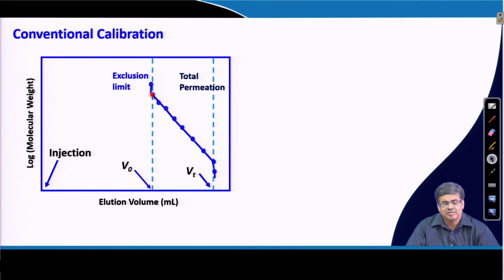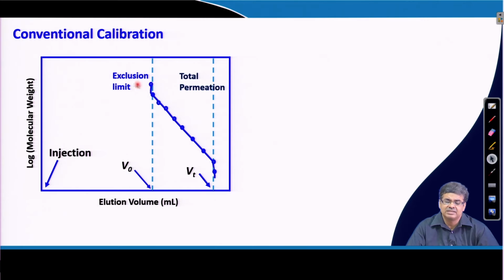Now, if the polymer molecular weight is very low, below this, then all of the polymer chains will enter the pores equally, and they again will come out together, and we call that total permeation.